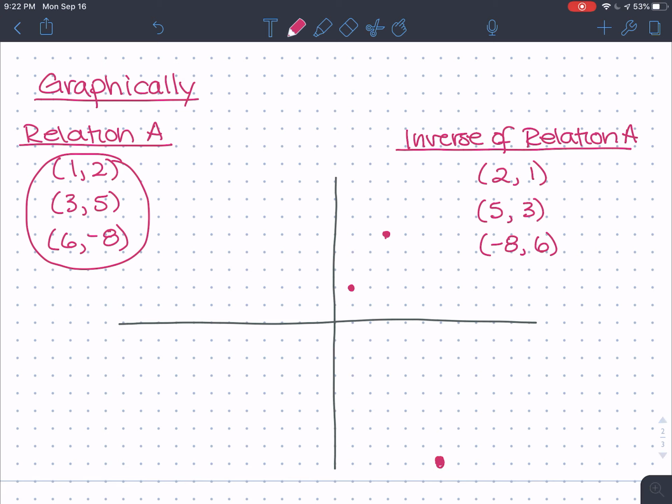So here's all our points. If I were to graph these guys in this teal color, then we have the point 2, 1, the point 5, 3, and the point -8, 6. And there we go.